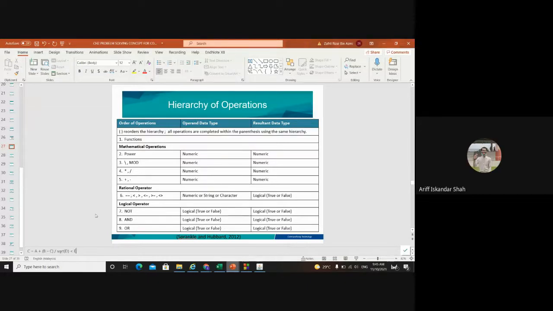Bracket first. Okay, this is first. Then square root function, then division, and finally we compare the less-than value with E, whether it is less than E or not.